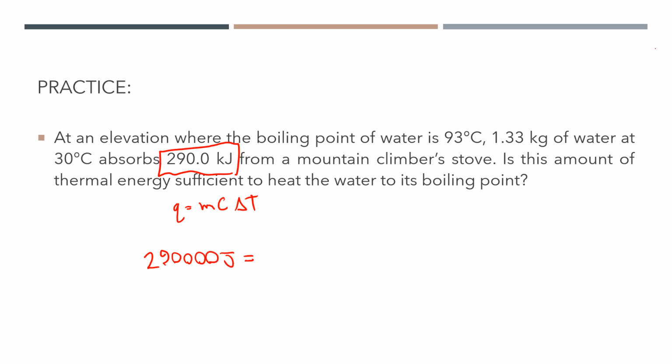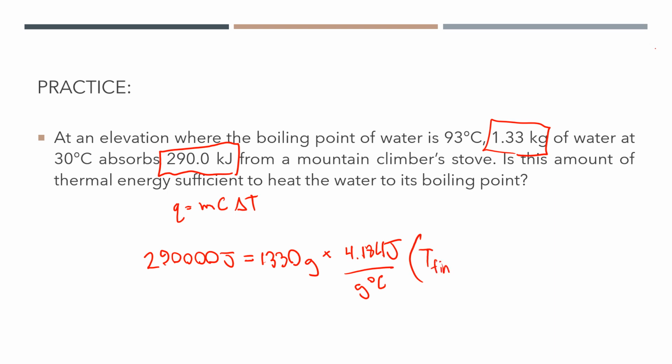Let's set that equal to the mass of our water, which needs to be in grams, times the specific heat of water, which is 4.184 joules per gram degree Celsius. And then we want our change in temperature, so that's going to be our T final subtracted from our initial temperature, which is 30 degrees Celsius.